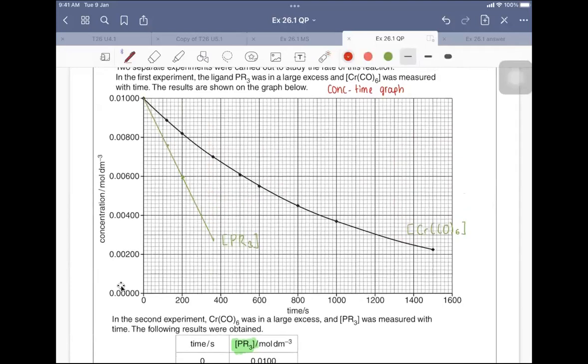So initially, I start with finding T half 1, okay? Concentration, oh, sorry, I should label that later. So I start with concentration 0.01000, and the half-life is the time taken for the concentration to go down by half. So that means half of my initial concentration would be 0.00500, and I need another one.